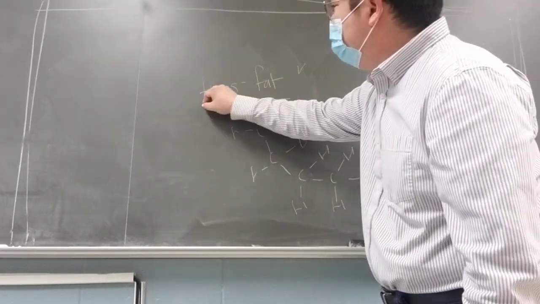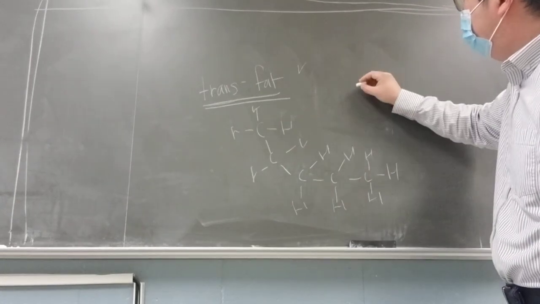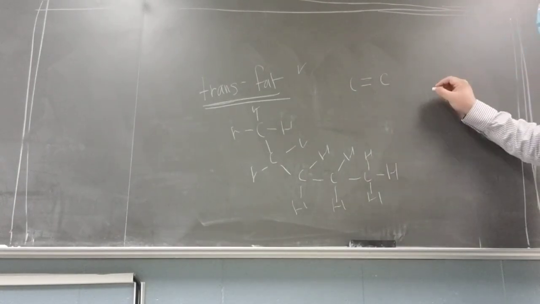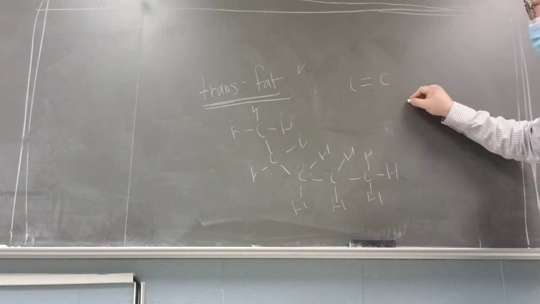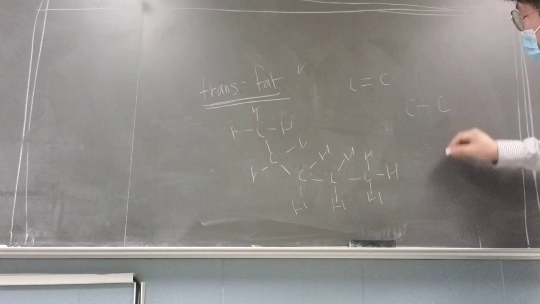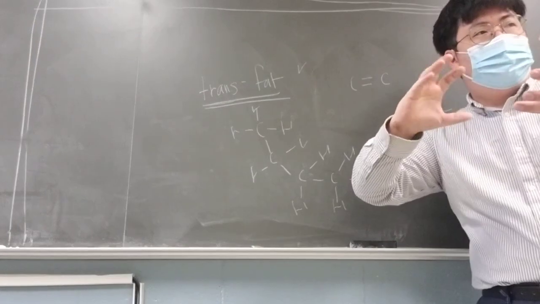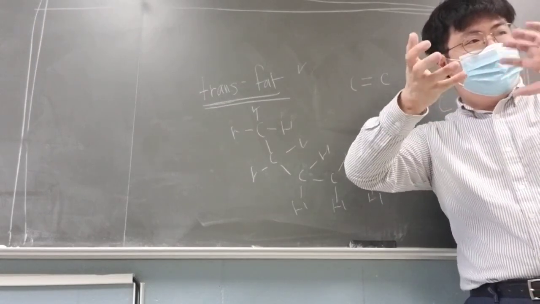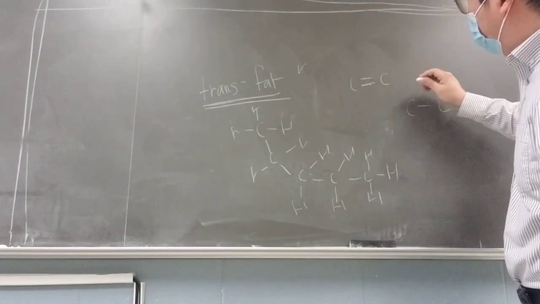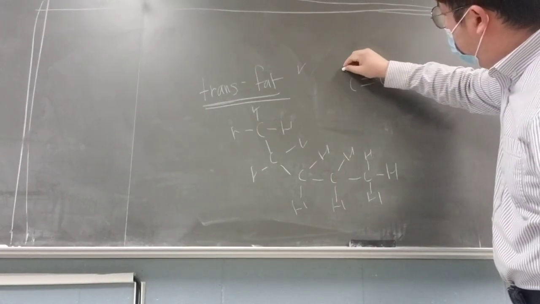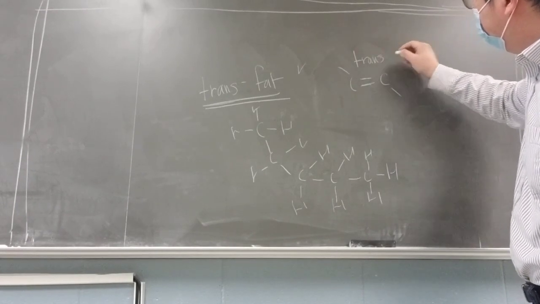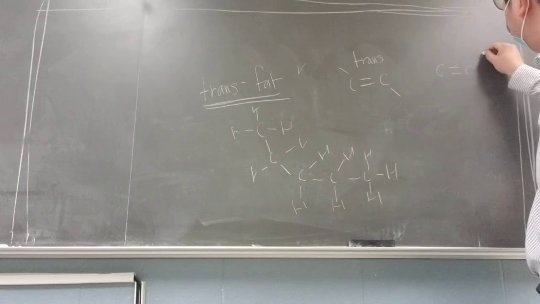But it has a trans fat because whenever you have a double bond here, the funny thing, once again, this won't be on the exam, just for your information. Whenever you have a double bond, the single bond is interesting. You can actually rotate it. Okay? You can rotate easily. But if there's a double bond, they can be either way. This is what we call trans form, and this is what we call cis form.